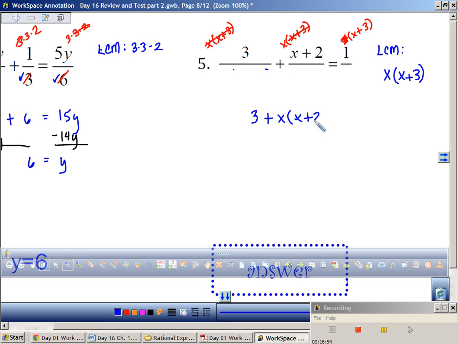Okay, good. You guys skipped a step though, right? Equals what? X plus 3. Finish this up. 3 plus x squared plus 2x equals x plus 3. Did you get that far? Mario?